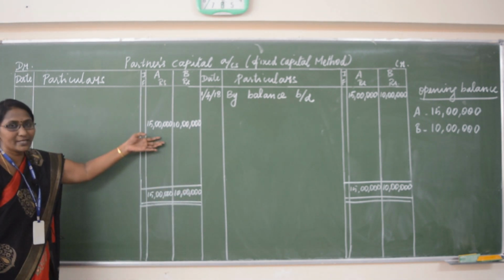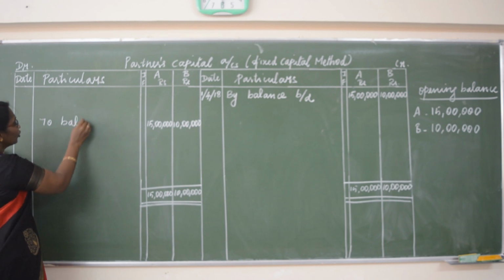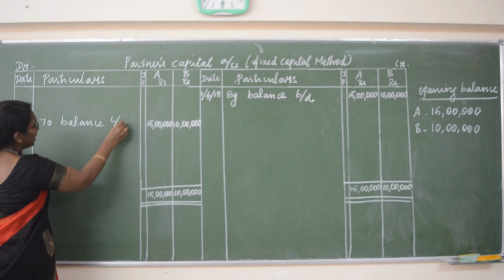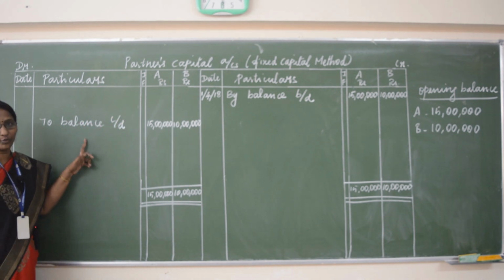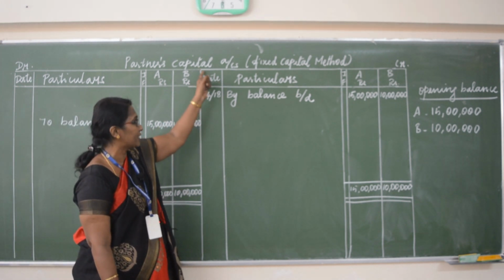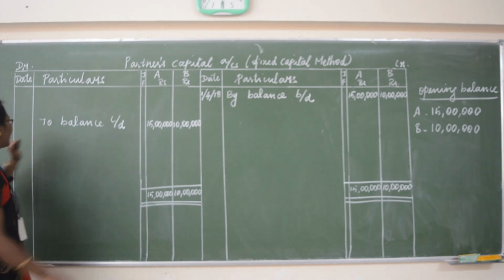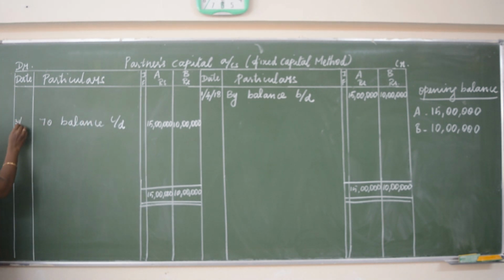So this balance should be written here as to balance carry down. This is the opening balance of capital. This is closing balance of capital. What is the date? 31/3/2019.